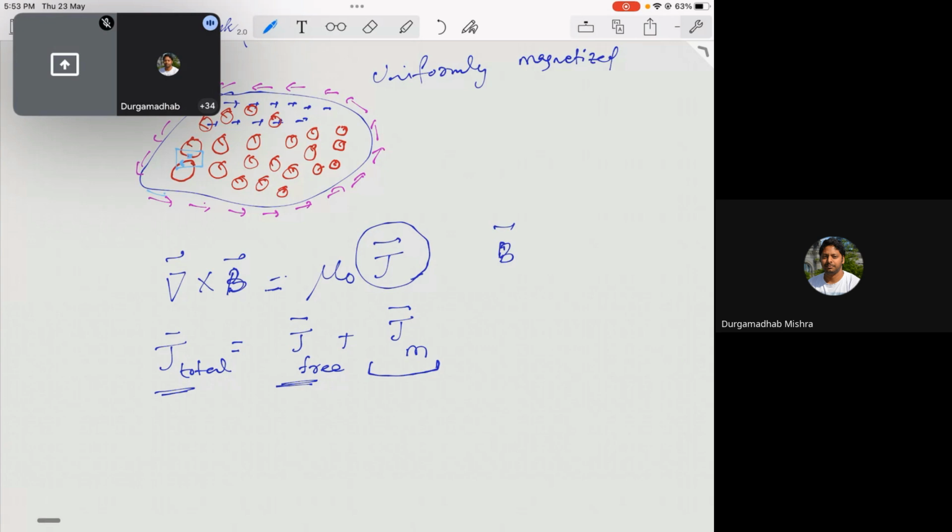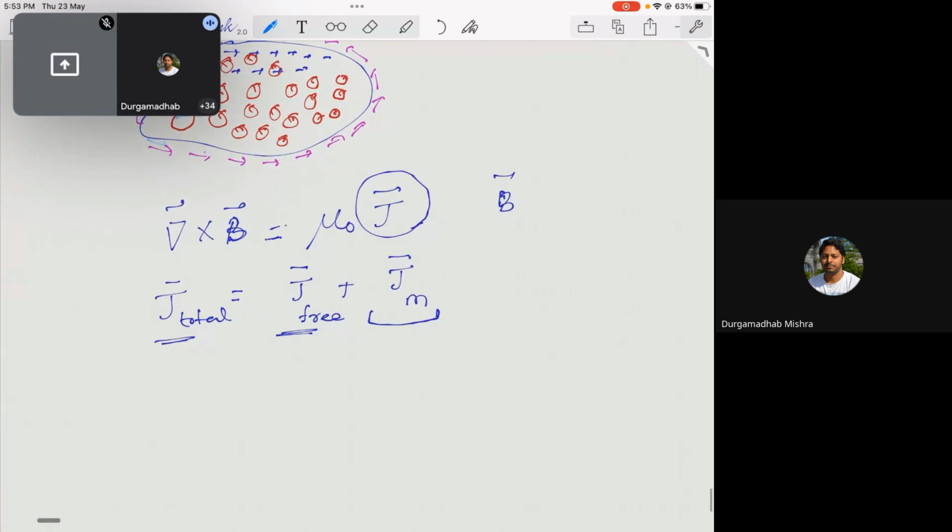That's why Ampere's law will be modified, and I am writing it as J free plus J M. The origin of J M is the atomic motion.